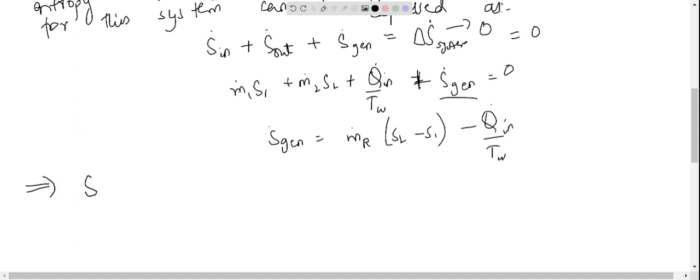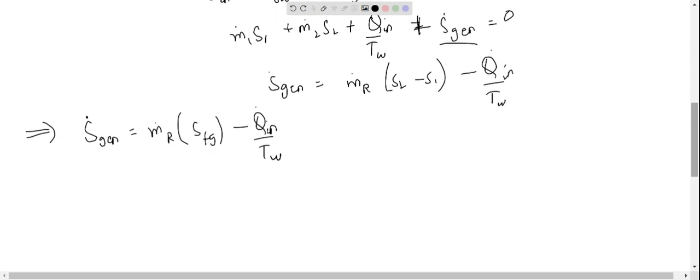Here s2 minus s1 is equal to sfg, so this equation becomes like this, which we use later.